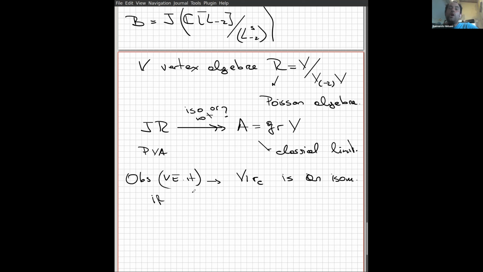So I do not know if there are different filtrations that would lead to different Poisson vertex algebras. For vertex algebras, if you have a conformal vertex algebra, there are two natural filtrations. And there's a theorem of Arakawa that shows that both associated graded are isomorphic as Poisson vertex algebras.